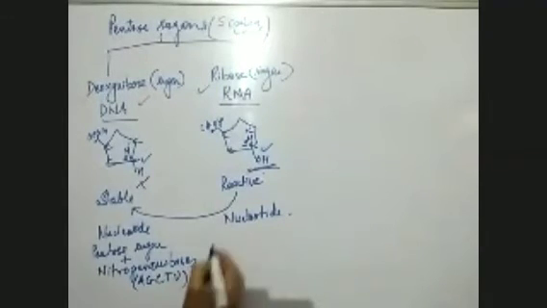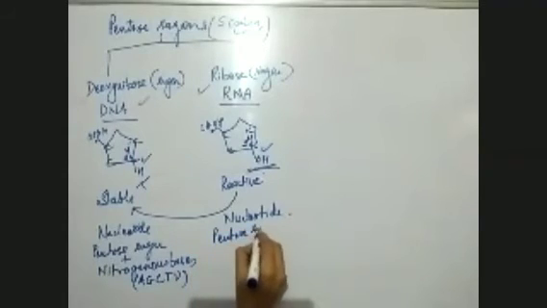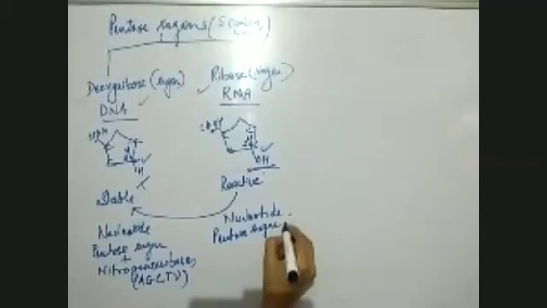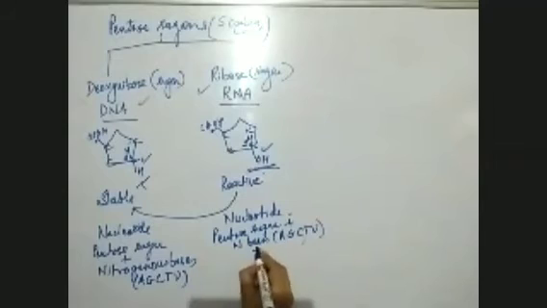And when pentose sugar is linked with nitrogenous bases like A, G, C, T, and U, plus one more thing is linked with it, that is phosphate, when these three are linked together, we call it nucleotide.